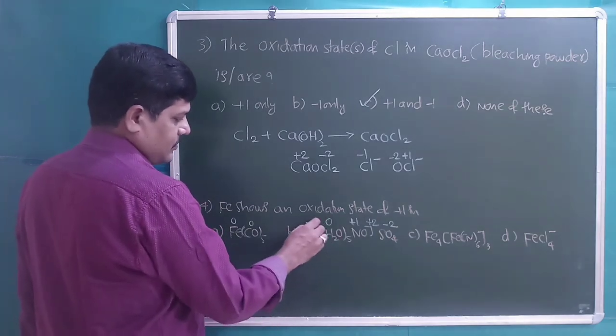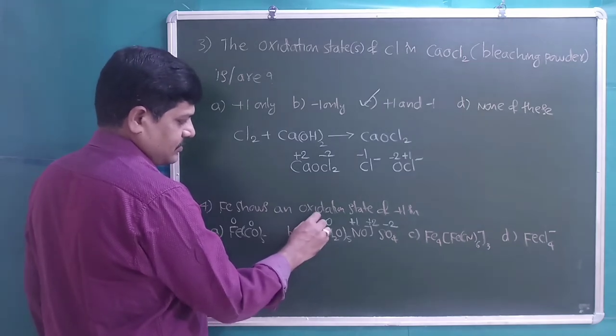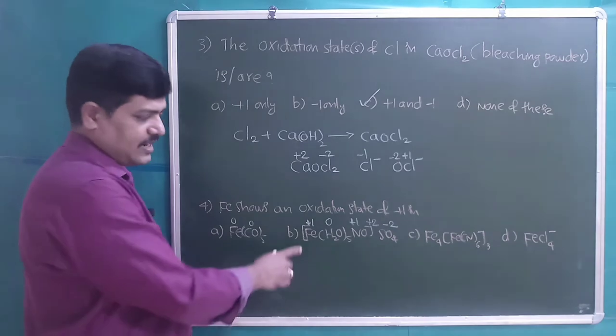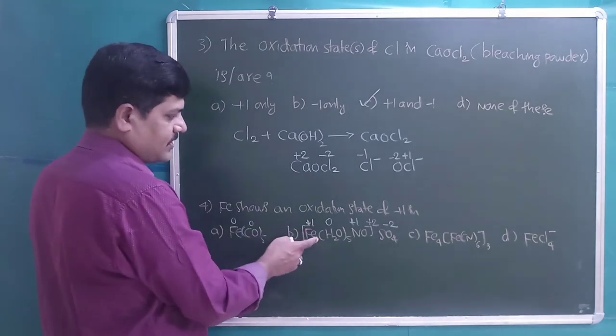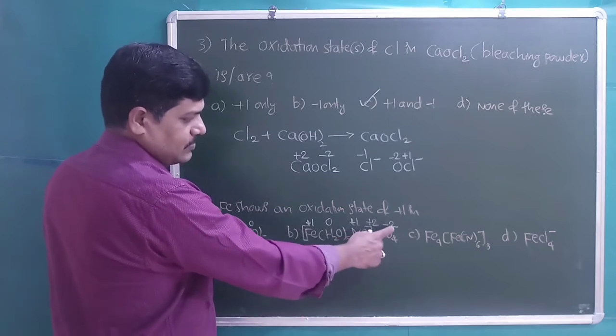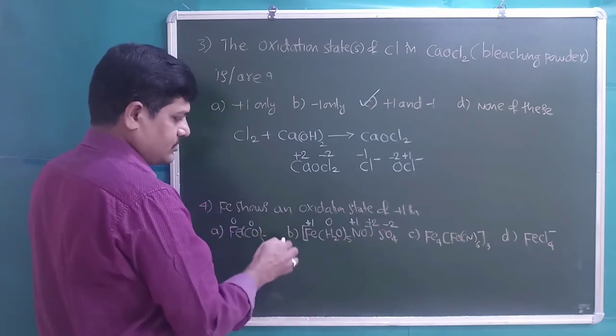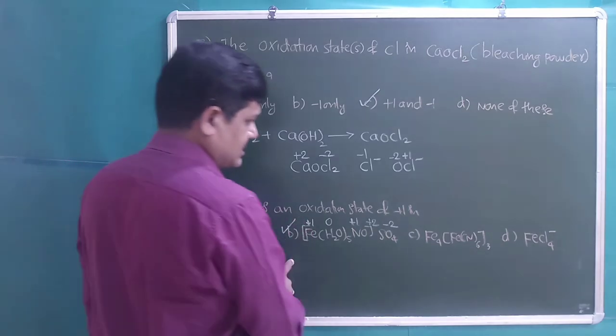Then Fe, ferrous, has oxidation state of +1. Ferrum, the Latin name of iron, is ferrum, right? Overall +2 we are getting, +2 minus 2 is 0. So in this complex Fe has a +1 oxidation state.